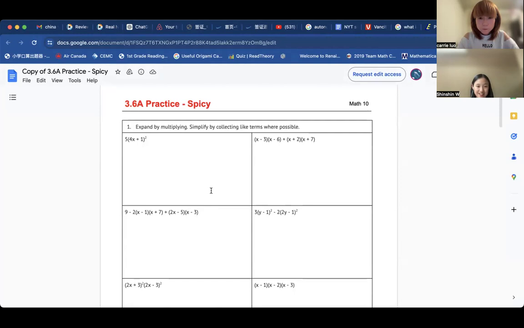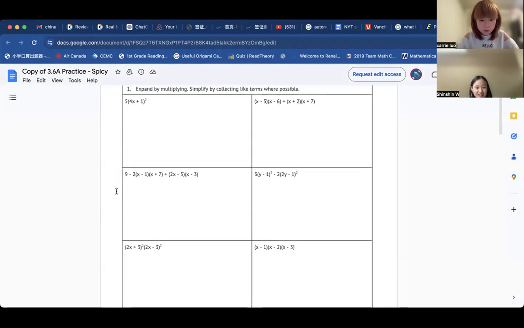I think I know how to do all of it, but I have a few questions. Which one? For this one, do I square the number first and then multiply it by 5? For number 1? This one? Yeah.